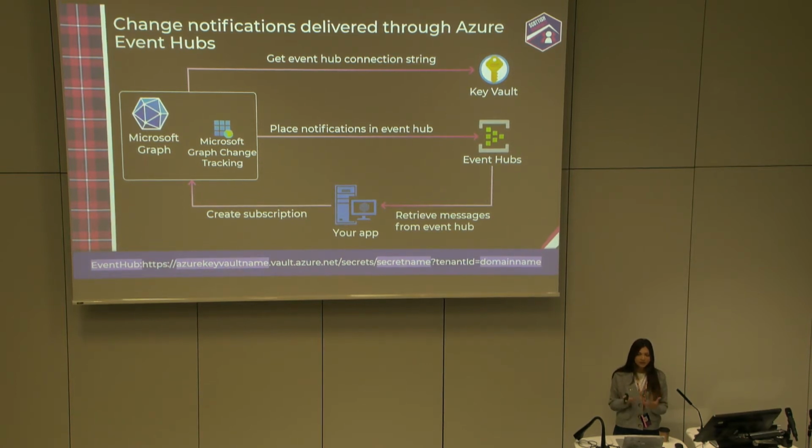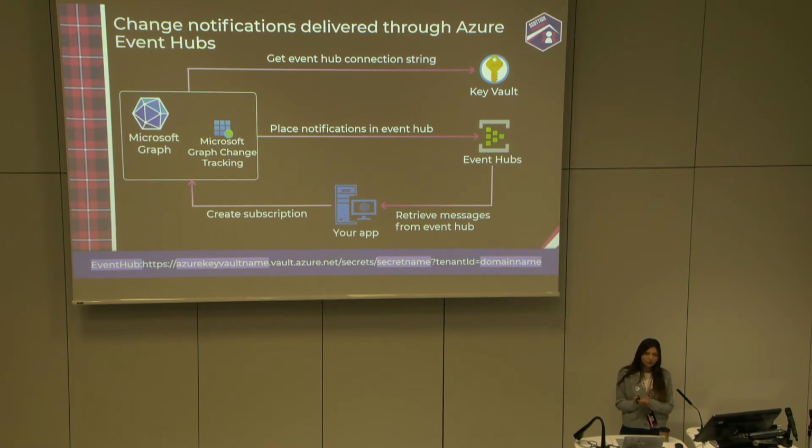The only thing is that when you are subscribing to Microsoft Graph change notifications, the URL will not be a custom URL. It will be just like the one I mentioned at the bottom. You will be setting the notification URL as an Event Hub. And it's just a JSON call when you subscribe to change notifications to a dataset through Event Hubs.